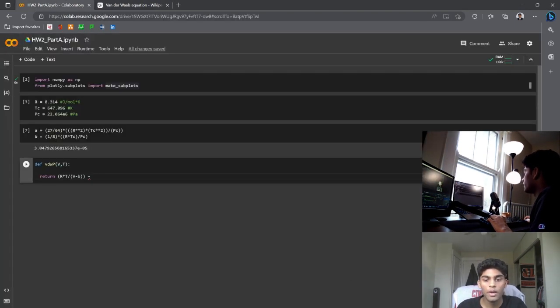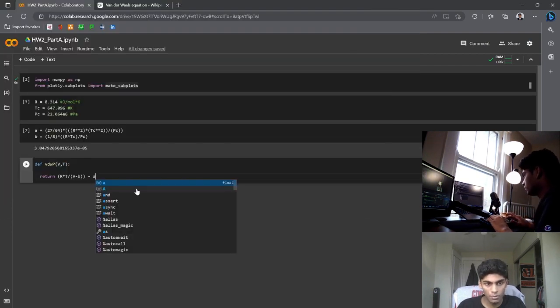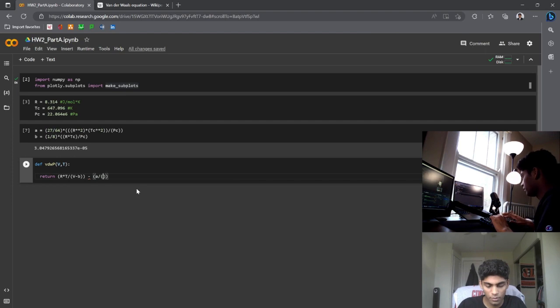And that is minus A over V minus epsilon b times V minus sigma b. That looks right.